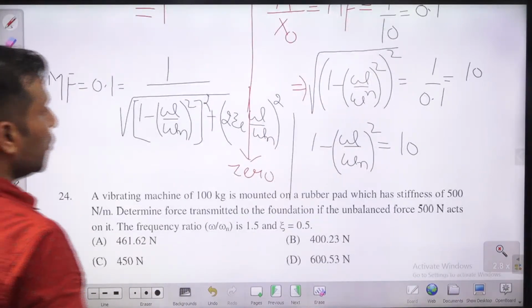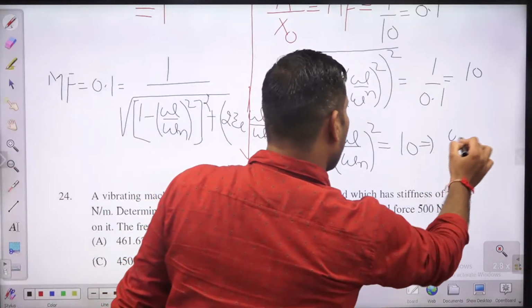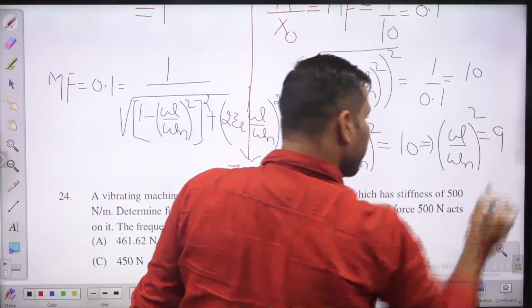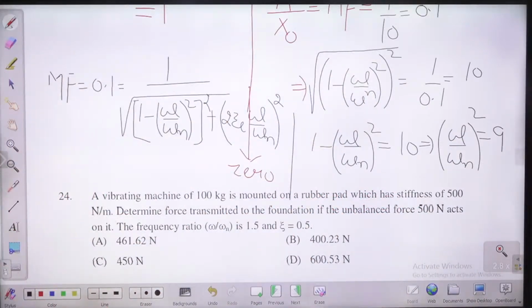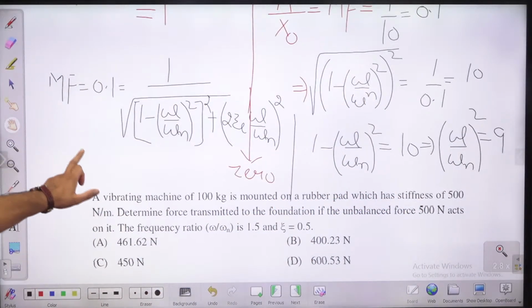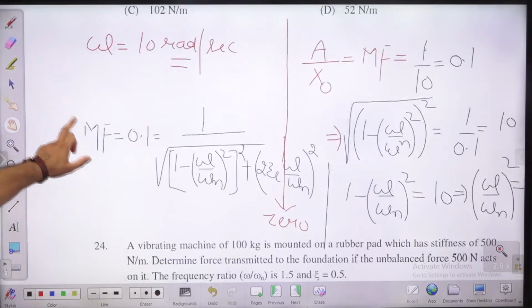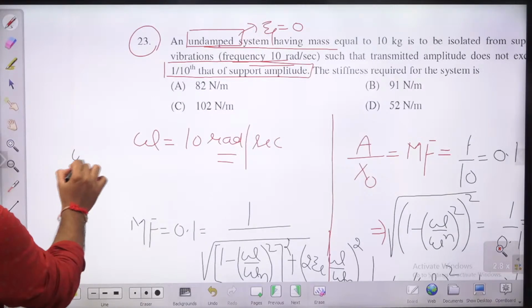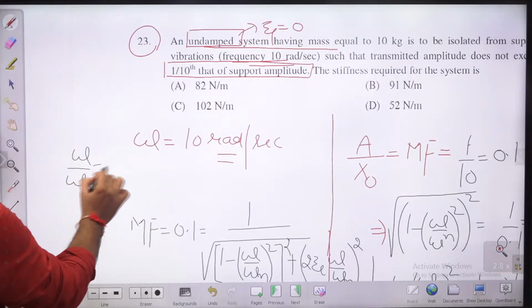Further solving, you will get (omega by omega n) square equal to 9, or omega by omega n equal to 3.